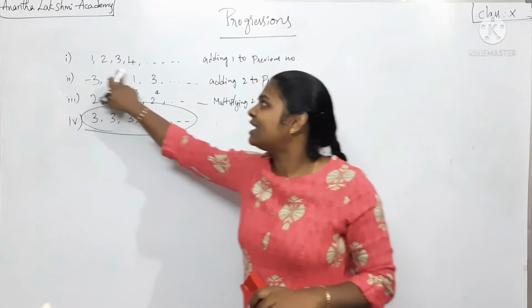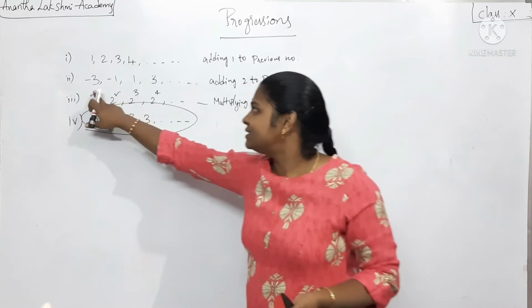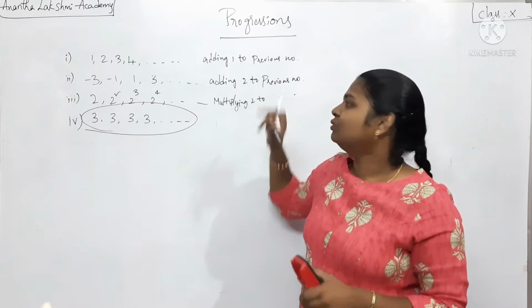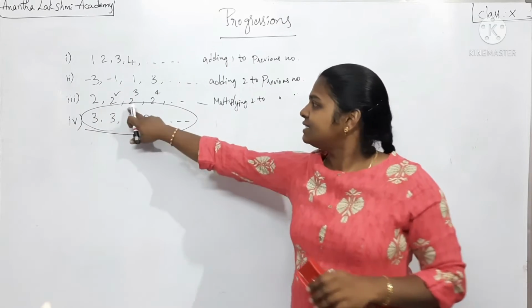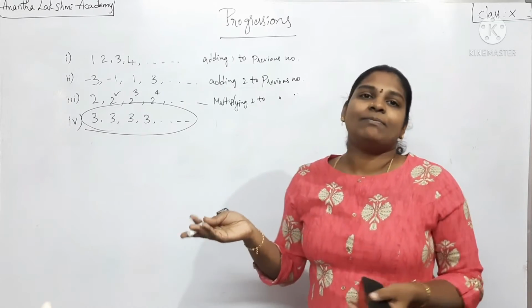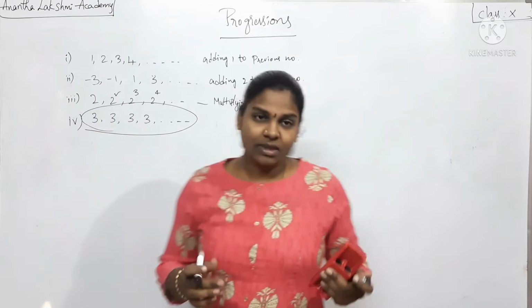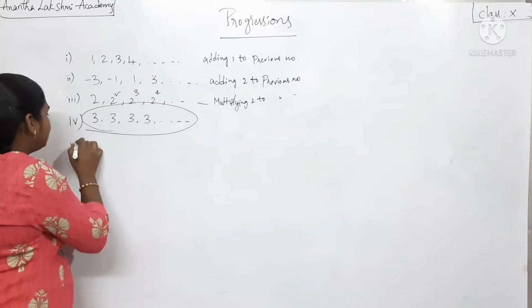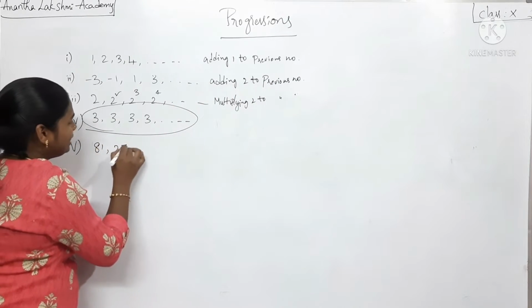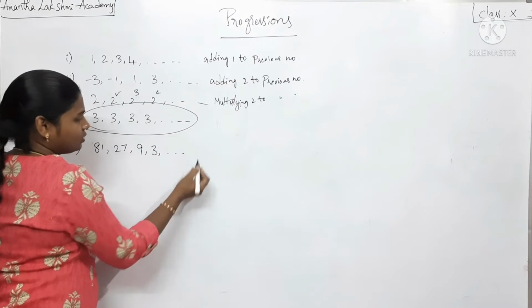These numbers are improving by adding 1 to the previous number, this one by adding 2 to the previous number, and this one by multiplying the previous number by 2. Also, we can take examples wherein we divide a number. Suppose I have 81, 27, 9, 3 and so on.